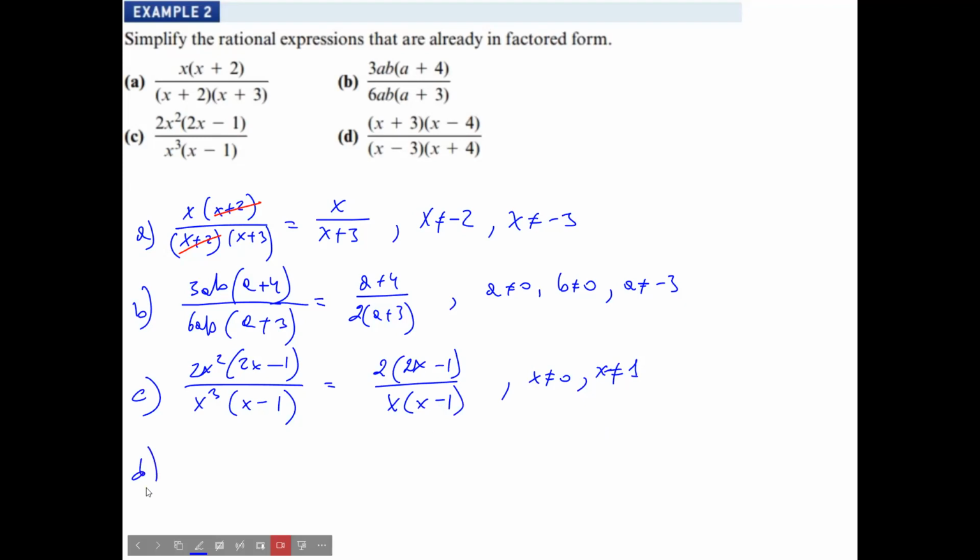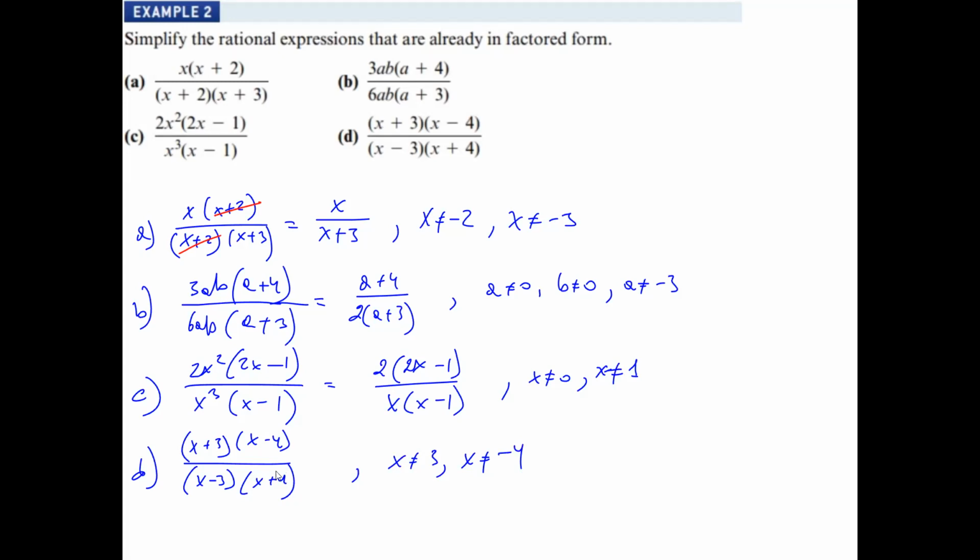The last one, x plus 3, x minus 4 over x minus 3, x plus 4. Nothing. We cannot simplify that at all. Right? Any questions?